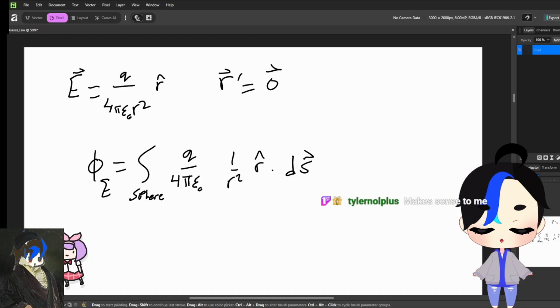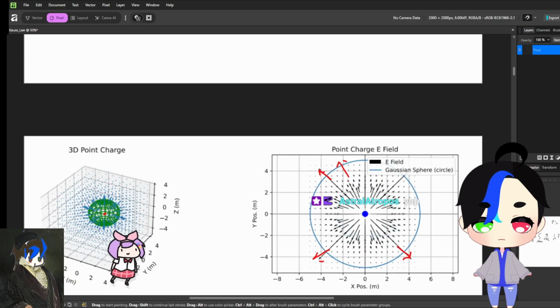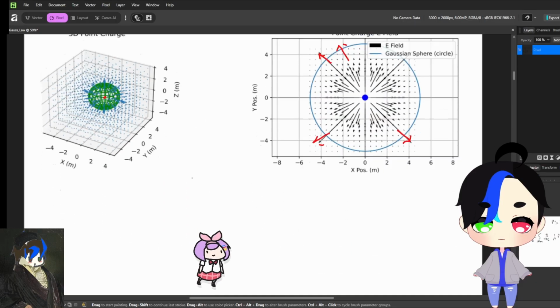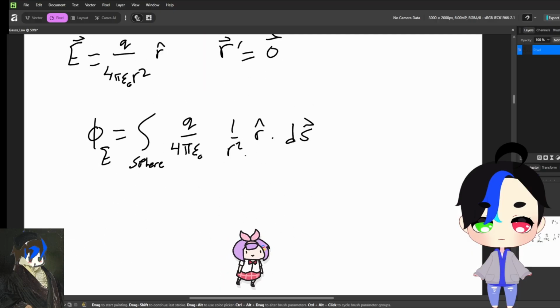All right. Like I said, this surface area vector, the direction actually points perpendicular to the surface. And if you'll notice back up here, perpendicular to the surface is exactly just the radial direction, r hat. So the surface area element and your E field are exactly parallel.